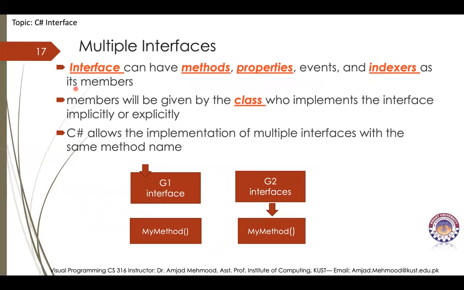They are limited, and you do not have fields, data fields, and variables. Members will be given by the class which implements the interface, implicitly or explicitly. C# allows the implementation of multiple interfaces with the same method name. Here you can see this is one interface, and this is another, and each has its own methods.